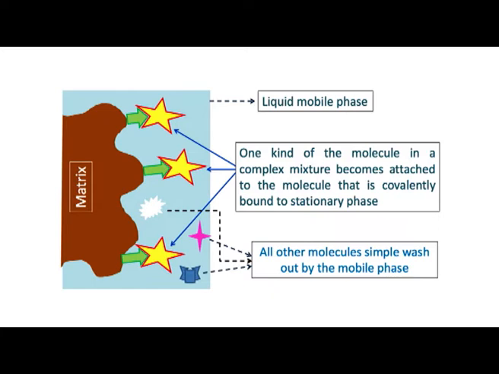One particular component locks onto the stationary phase, while all other components simply flow with the mobile phase, or elute quickly. By using a different type or combination of mobile phase, we can detach the component attached to the stationary phase.